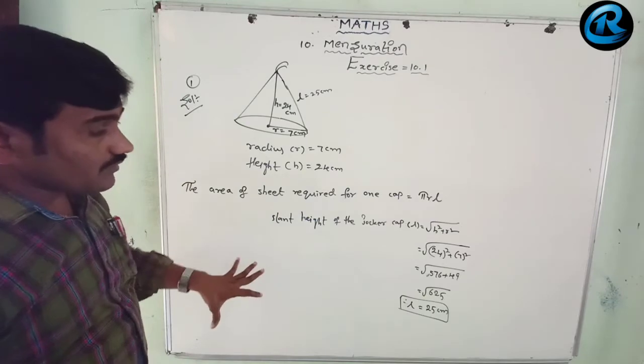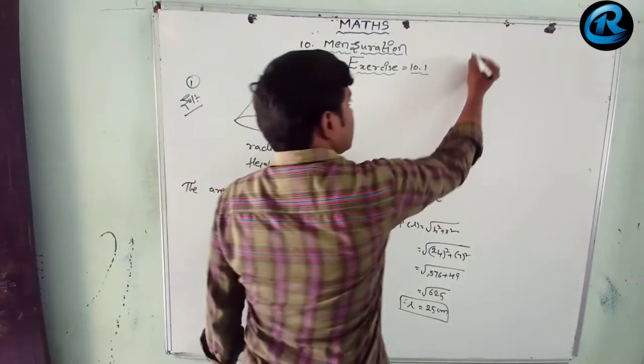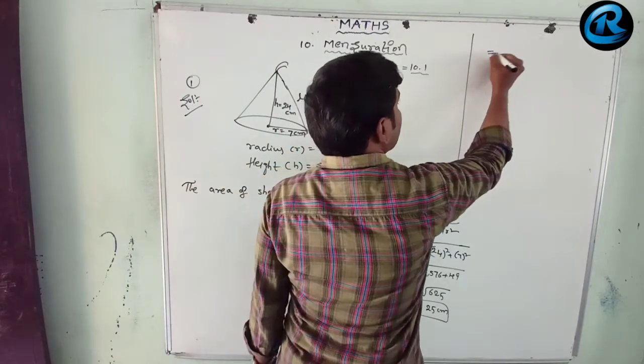Now we substitute in the formula pi r l.